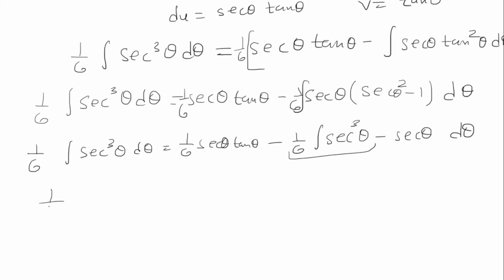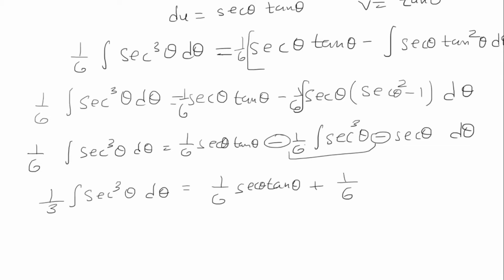So we'll have 1/3 now, secant cubed d theta, because you have two copies of 1/6 integral secant cubed. And then we're going to have this negative and negative remaining. That'll be positive. 1/6 still, that's out here, integral secant theta d theta.